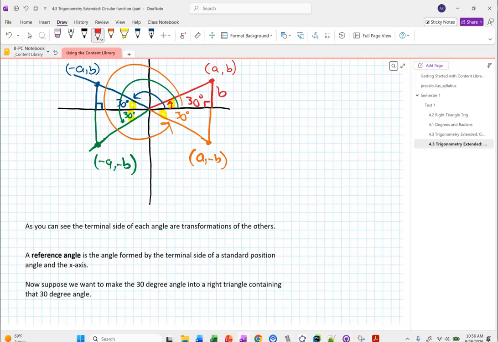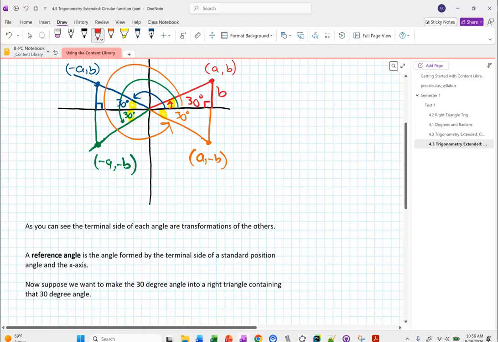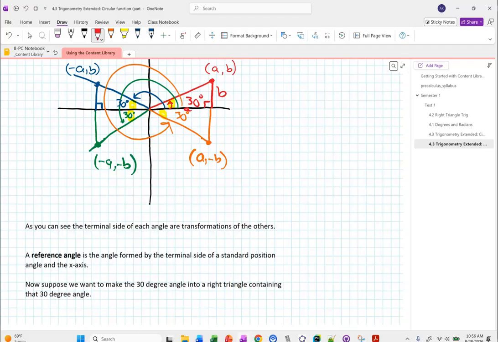Because to plot a point, we go a over and then b up. Agreed? What will the base of this red triangle be? A. Does everybody feel okay? I can make the same argument for the blue, the green, and the orange triangle, right? So for sure they are congruent. They have the same angle measures. They have the same side lengths. We know they are congruent.